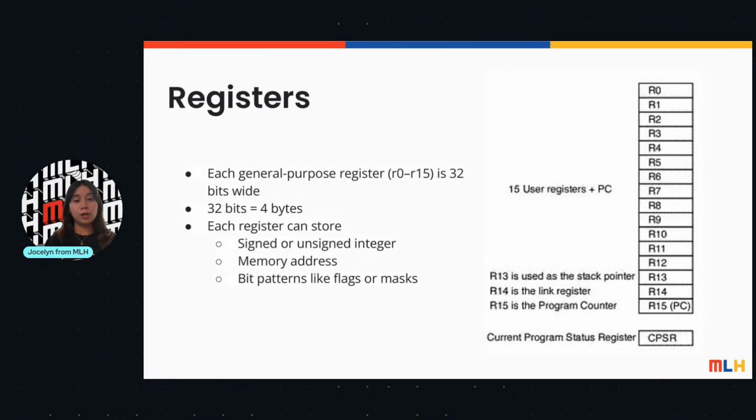Because if you use a large integer that's more than 32 bits, then your register will overflow and your program will just crash. And memory addresses. A memory address is a hexadecimal address. If you're familiar with hexadecimal numbers, they're basically the ones that start with 0x followed by a combination of digits 0 to 9 and letters A to F.